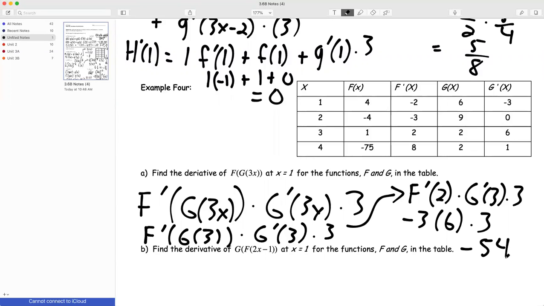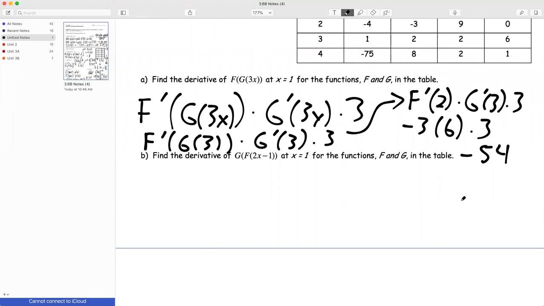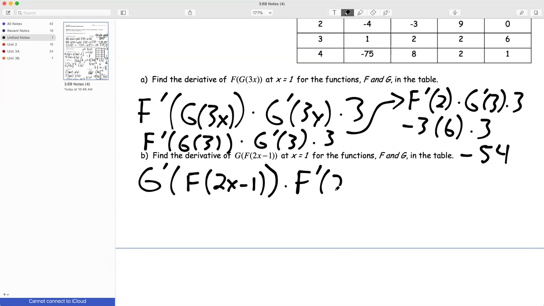Work that last problem. First step is up there on the board.